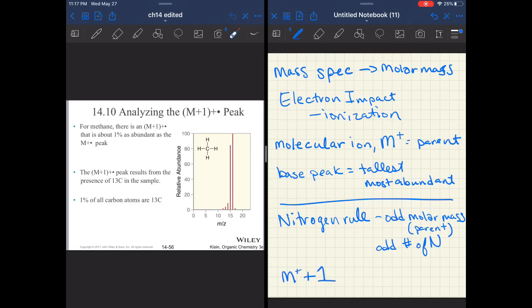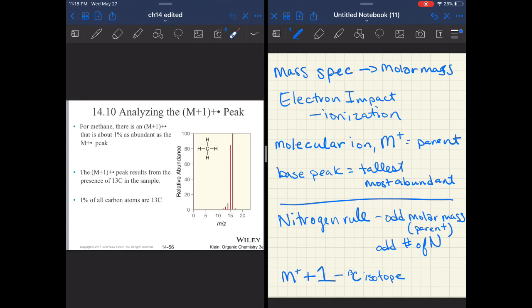The M+1 peak is also something you need to watch out for. So I mentioned this earlier, this little peak here, and now this is where we learn about it. This has to do with the C13 isotope. So the molar mass that you see on the periodic table is a weighted average, and it takes into account naturally occurring isotopes. When fragments hit the detector in a mass spectrometer, it's not going to take averages. It's going to take the actual mass to charge ratio.